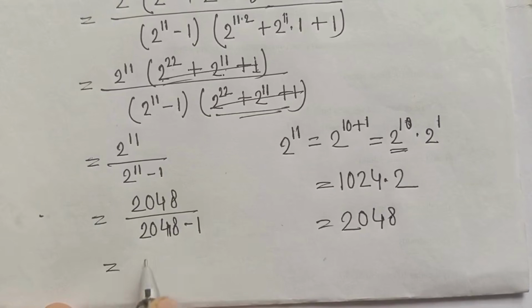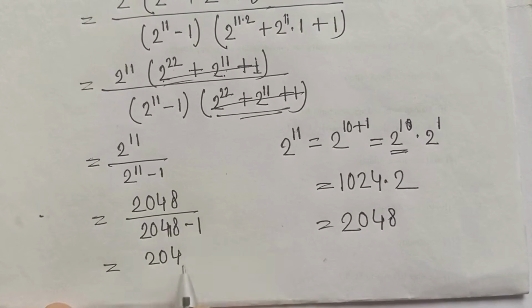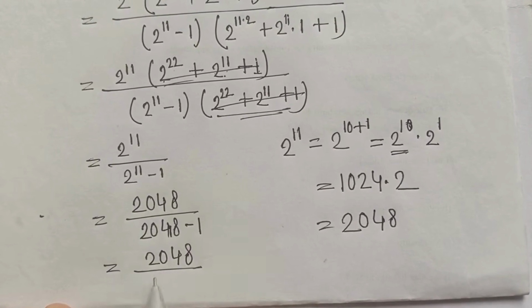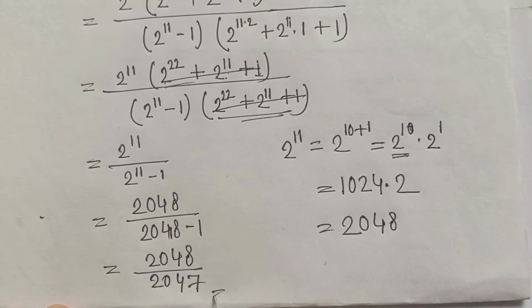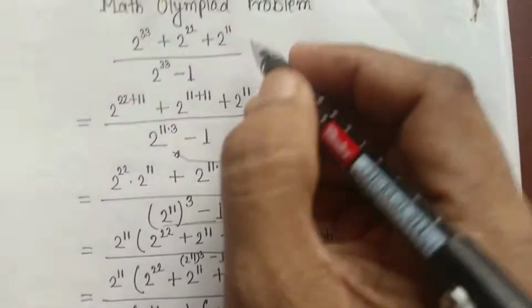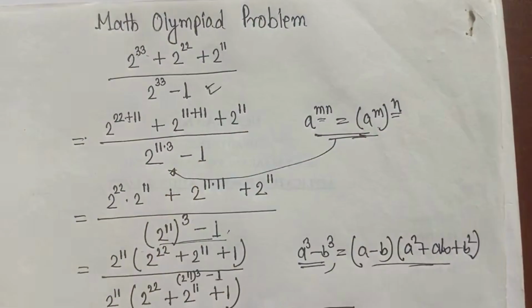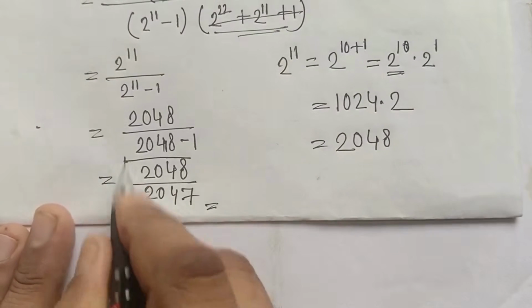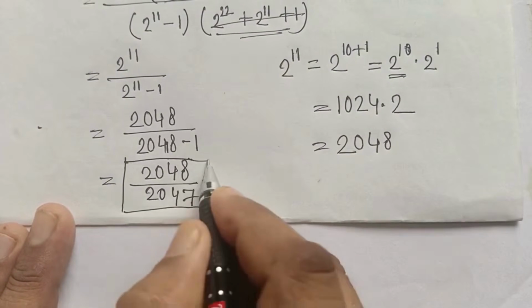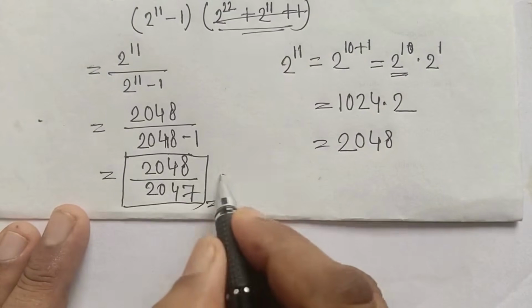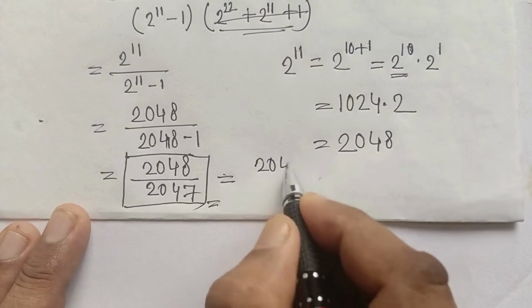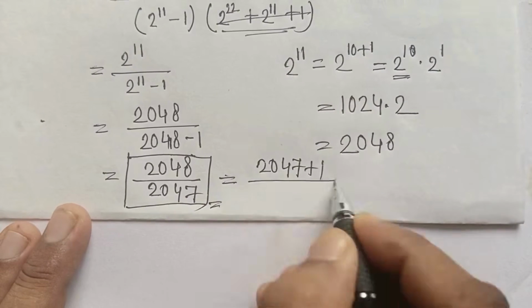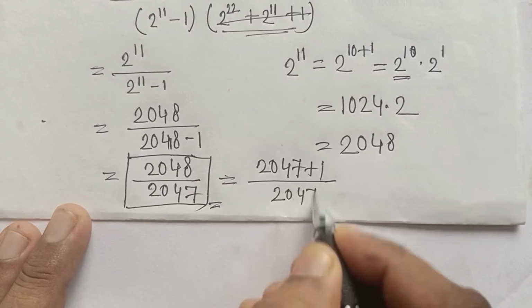that is 2048 by 2047. Hence the value of the expression will be this one, 2047 plus 1 by 2047.